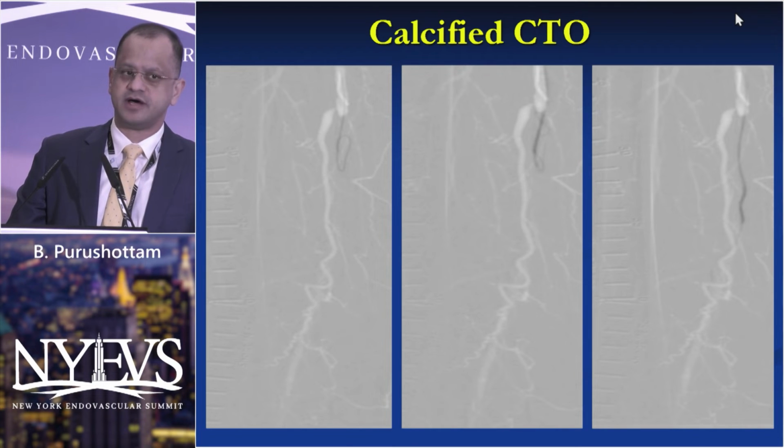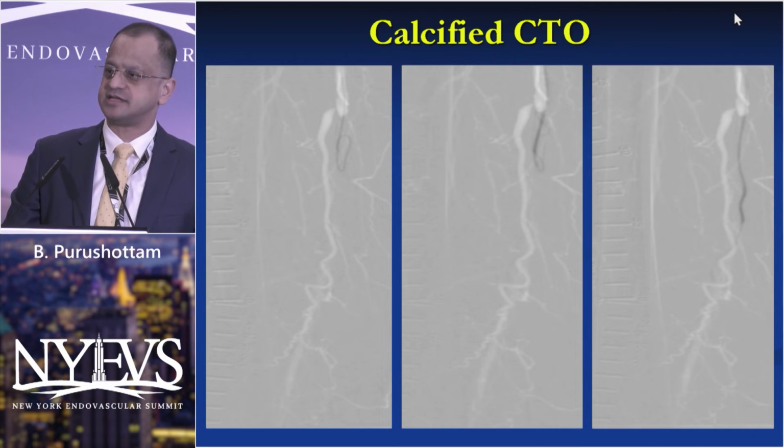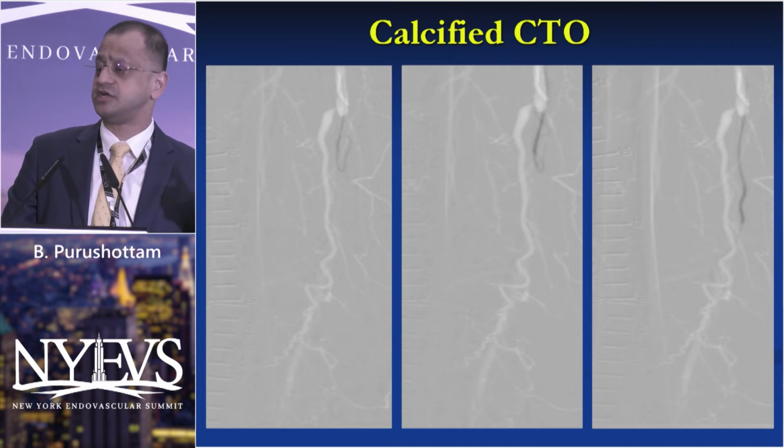So anyway, once you're done with the calcified vessels, and that's a big challenge, the other option is that you sometimes have to get a dual axis. That is, you have to go retrograde or pedal. So often what I do, depending on how the vessel looks, is choose between a 014 system or a 035 system. I usually start off with the 014 system, but sometimes the vessel is calcified with a long CTO.